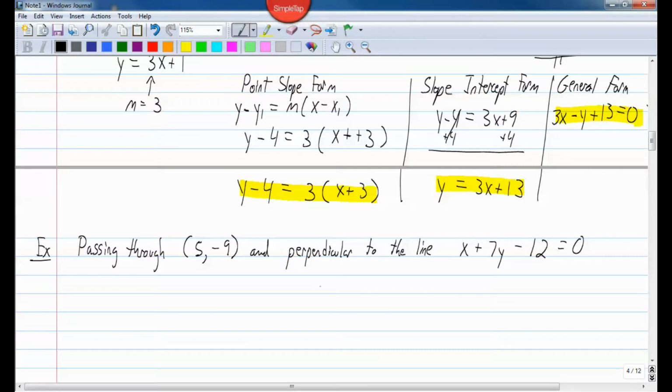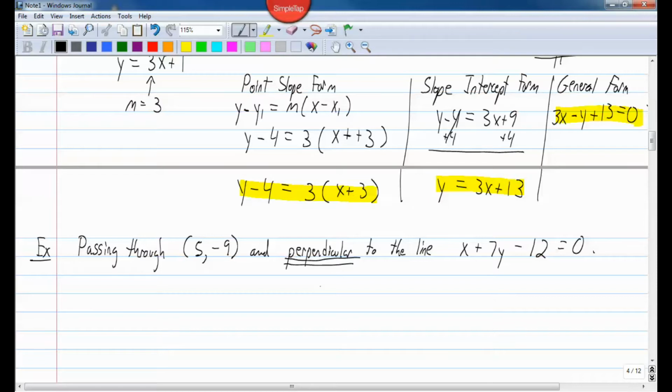Alright, so the key things in this problem. We want to figure out the equation of a line that is perpendicular to this line. That means that its slope is going to have the opposite sign and be the reciprocal.